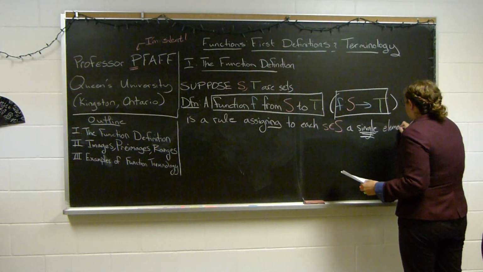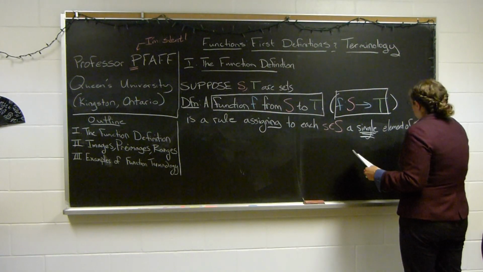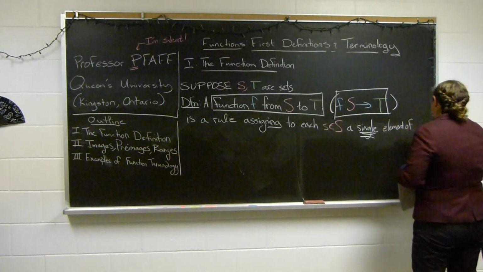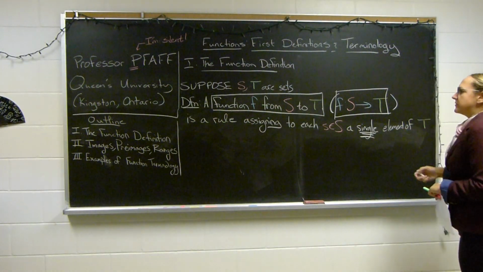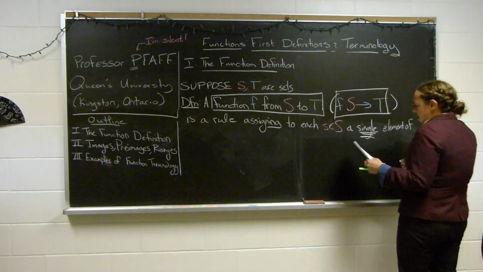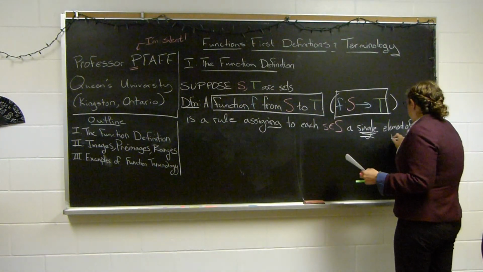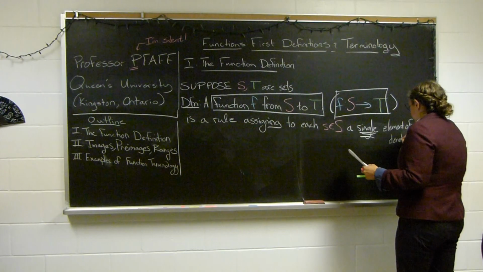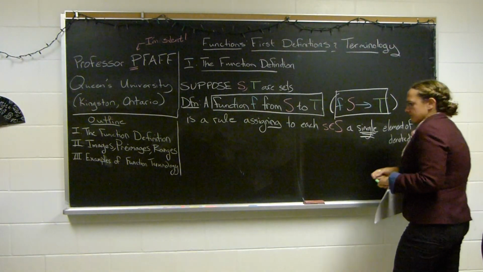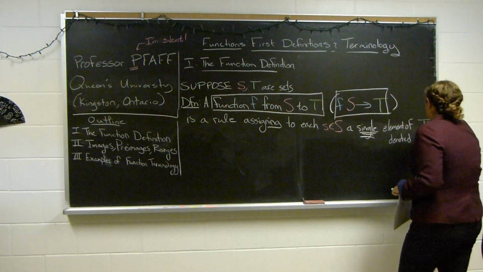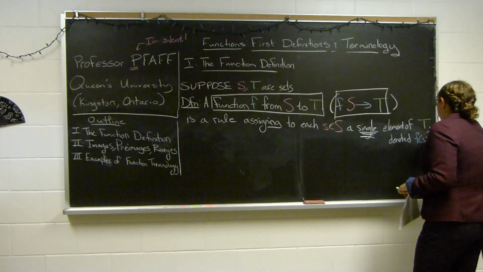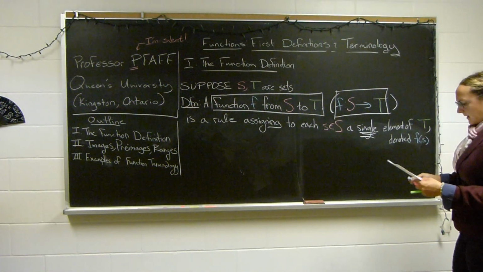So a single element of T. And then you'll have notation that you've seen for that, so we usually write that as f of s. Okay, so that's the element that it goes to.